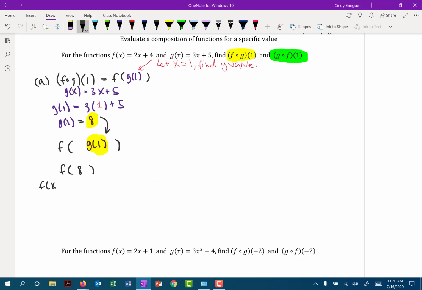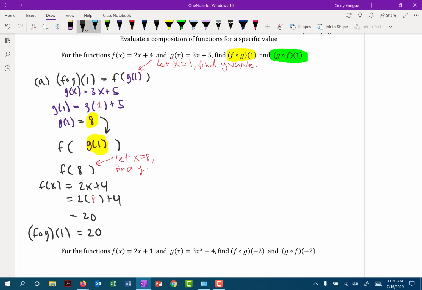So f of x is equal to 2x plus 4. And remember, this is saying let your x value equal 8, find your y value. So now you're going to plug 8 into this equation. So 2 times 8 plus 4 is going to give you 20. So now you can say that f composed with g with respect to 1 is equal to 20, and that is going to be your final answer.